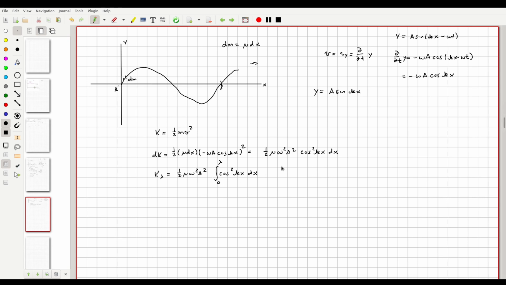We're going to make exactly the same substitution. That is, theta is equal to k times x. When you do that, we know that you get a k in the denominator over here, like that. Our limits of integration go from 0 to 2 pi, and we have a cosine squared of theta d theta.